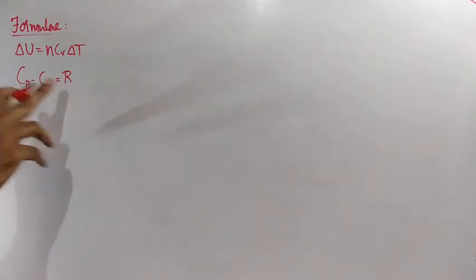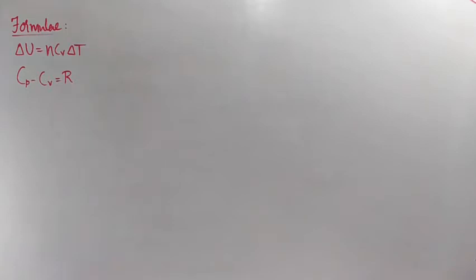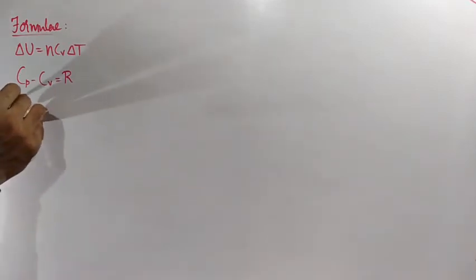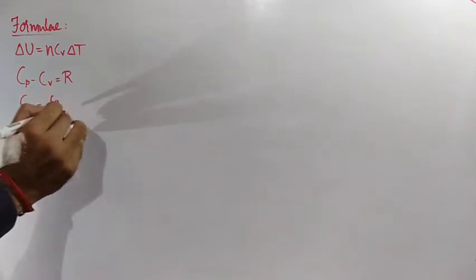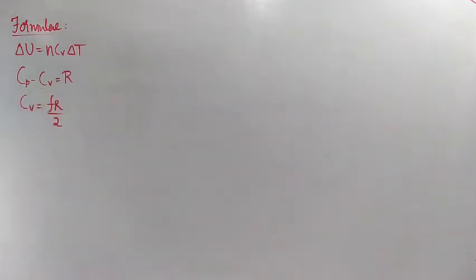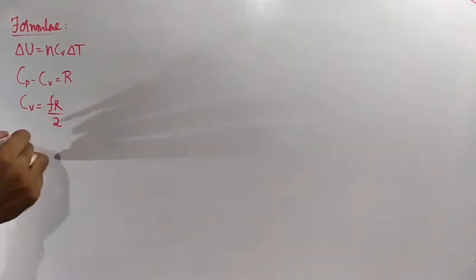R is the universal gas constant. Clear? Next, Cv value is nothing but fR by 2, f into R divided by 2. Clear? Next, what is the Cp value? How can you remember the Cp value?